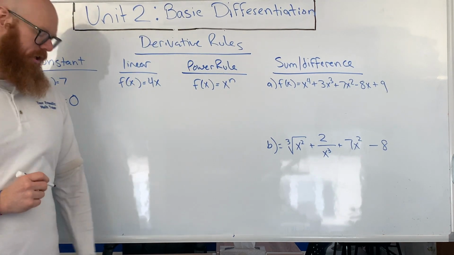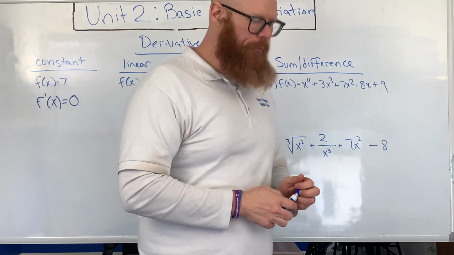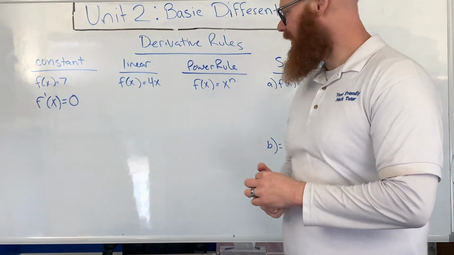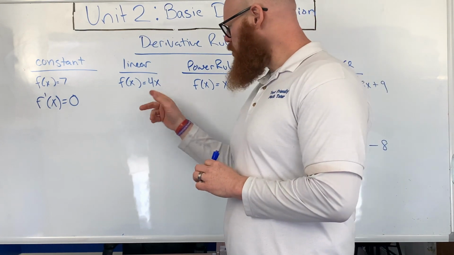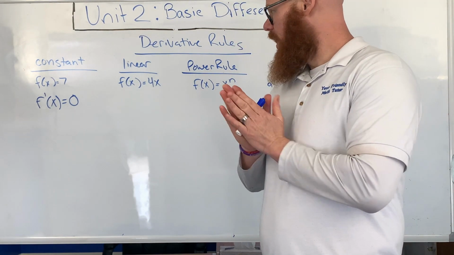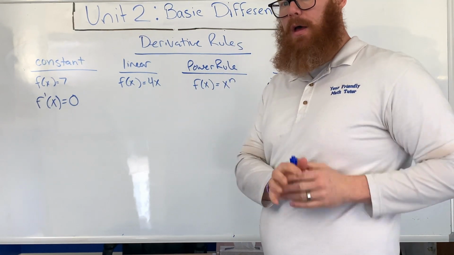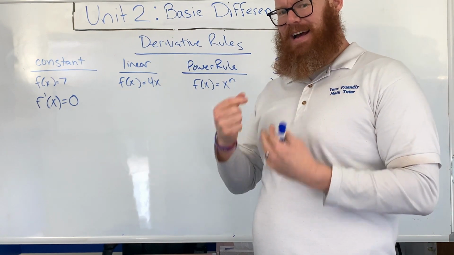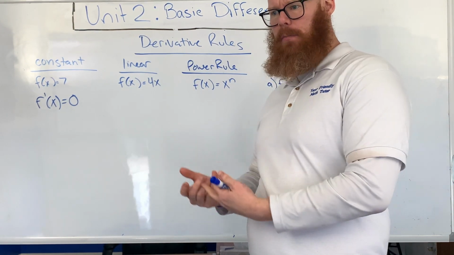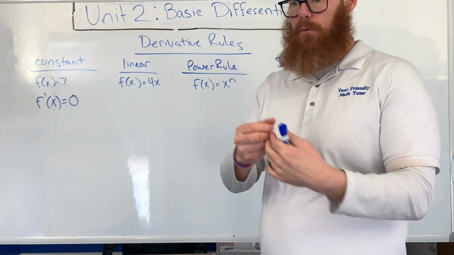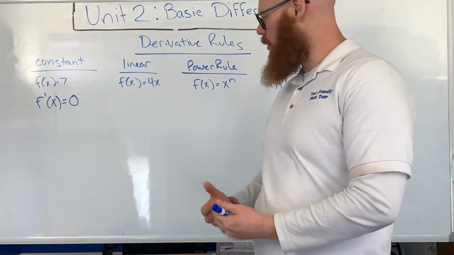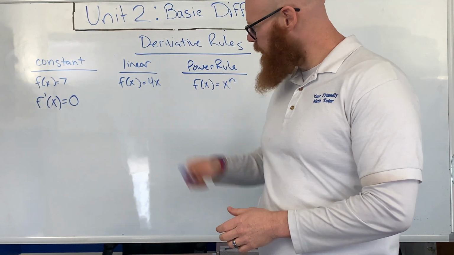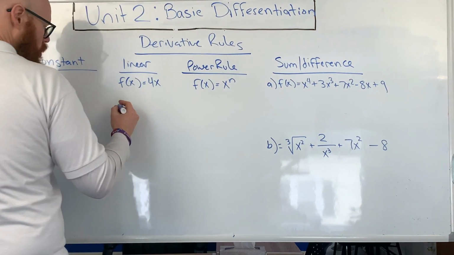Now we look at a linear term. So 4x, right? We know that's linear because it's 4x to the first. What you want to think about for that one is, again, derivative is slope. A line has a constant slope throughout. It doesn't have a different slope at one point than it does at another. That's what makes it a line, a constant slope. Well, the slope of this is just 4. So the derivative must always be 4.